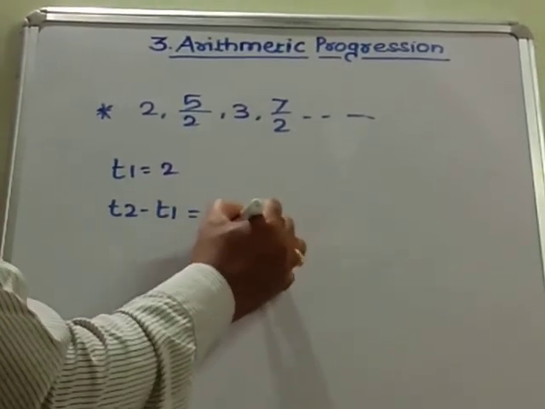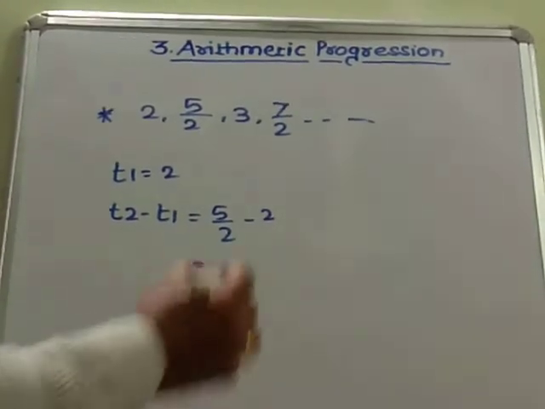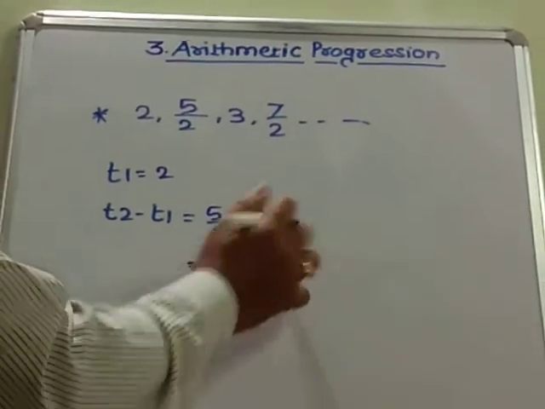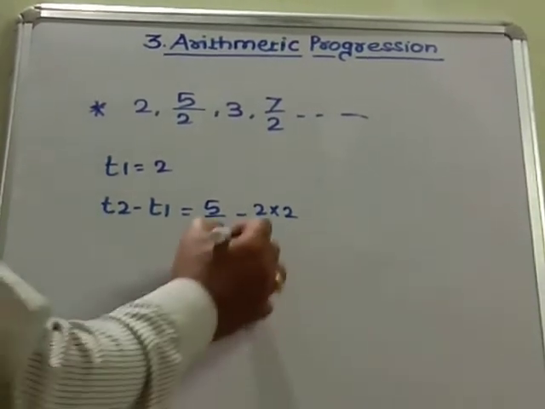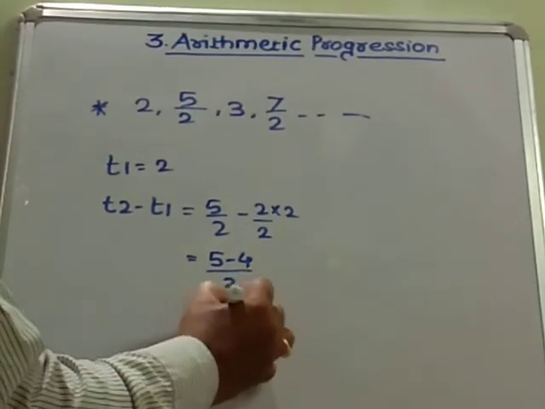T2 is 5 by 2, minus 2. What is the answer? We make the denominator the same: 2 multiplied by 2, so 5 by 2 minus 4 by 2, that is 1 by 2. Half. Then T3 is 3, so T3 minus T2 is 3 minus 5 by 2, that is 6 minus 5 divided by 2, that is 1 by 2.